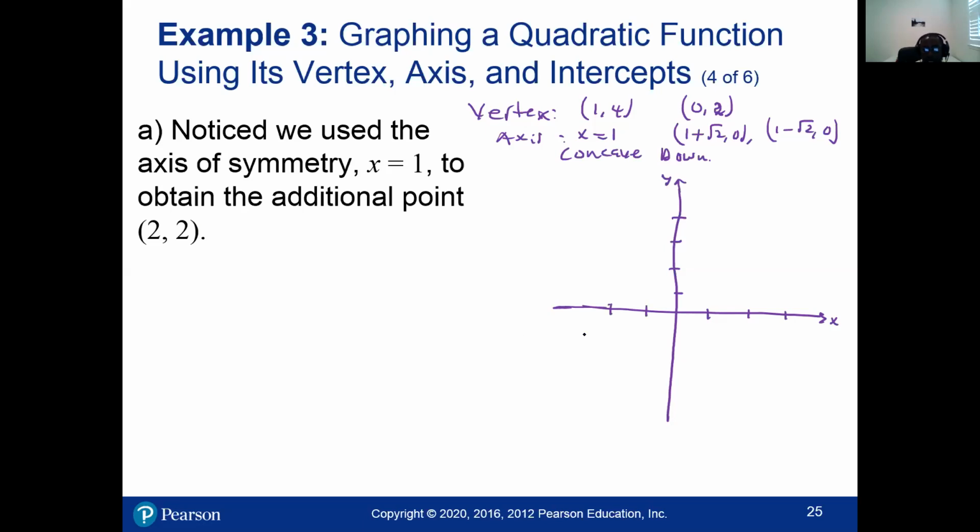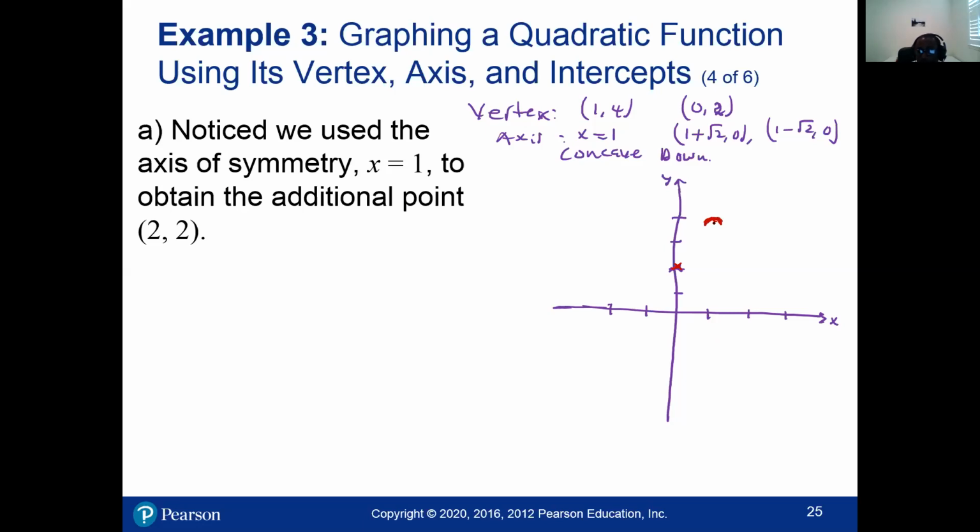Now let's plot these points. Let me change the color. This is the y-intercept. The vertex is 1, 4, which is this point. So it's concave down, and it's going to go like that at that point.